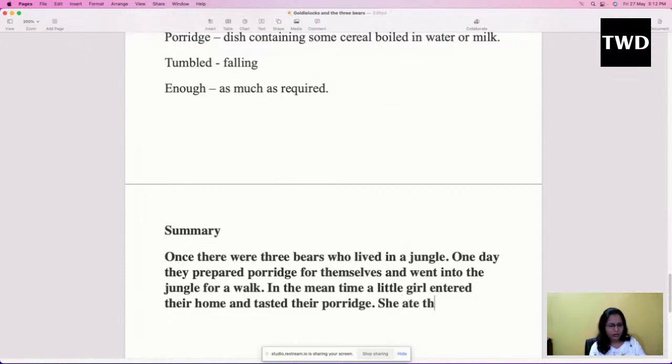She ate the little bear's porridge and also fell asleep on the little bear's bed.